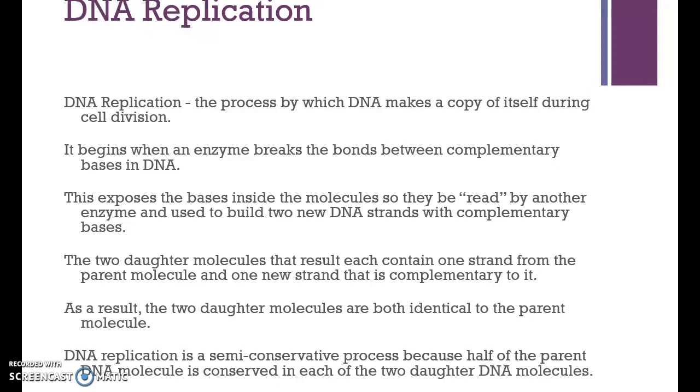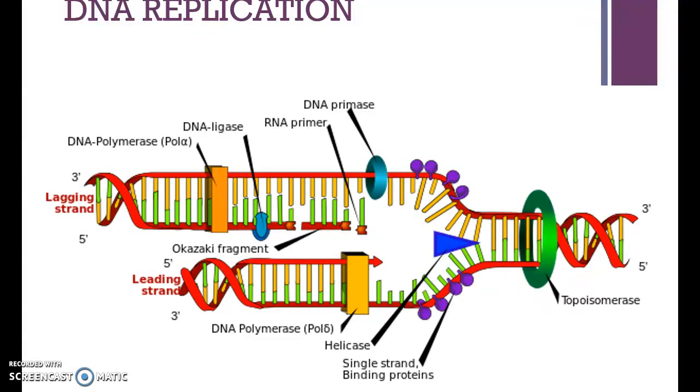The 2 daughter molecules that result each contain 1 strand from the parent molecule and 1 new strand that is complementary to it. As a result, the 2 daughter molecules are both identical to the parent molecule. DNA replication is a semi-conservative process because half of the parent DNA molecule is conserved in each of the 2 daughter DNA molecules. Here is a diagram of that process.